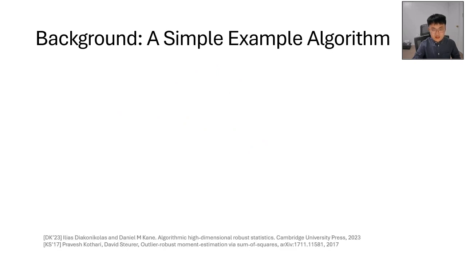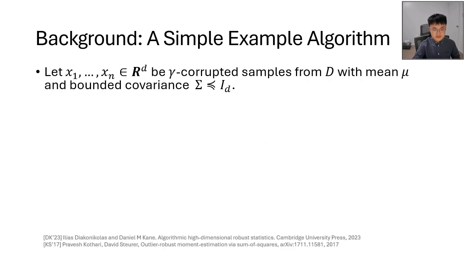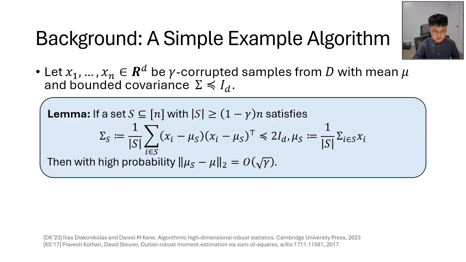So how should we design such a criteria? As an example, we consider estimating the mean of a distribution with covariance bounded by the identity matrix. So the criteria is actually very simple. Because the distribution has bounded covariance, we simply look for a subset of samples that has bounded empirical covariance.